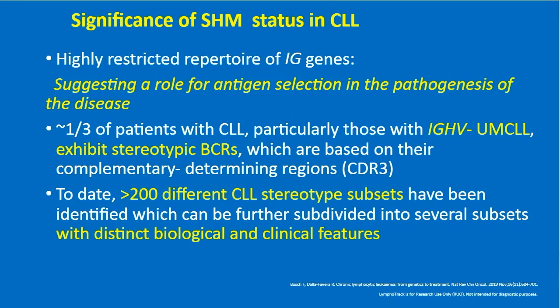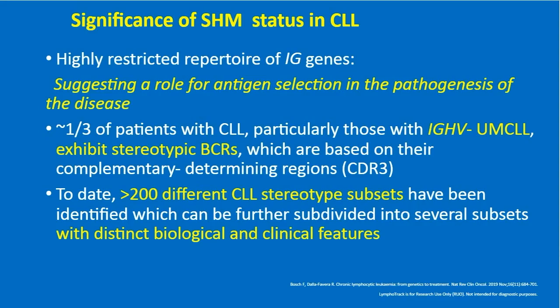We will go through that at the end of the presentation, to give you an idea of what's coming up for further analysis. To date, more than 200 different CLL stereotyped subsets have been identified. This is especially important for the unmutated group. Based on these subsets, we can further stratify patients with different biological and clinical features.